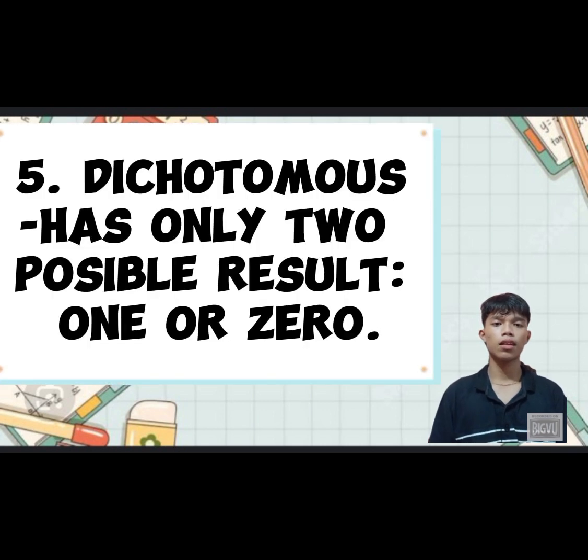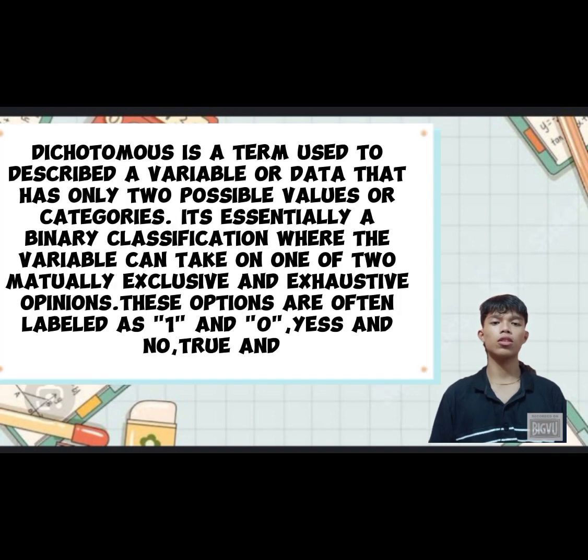Fifth, dichotomous. It has only two possible results, 1 or 0. Dichotomous is a term used to describe a variable or data that has only two possible values or categories.